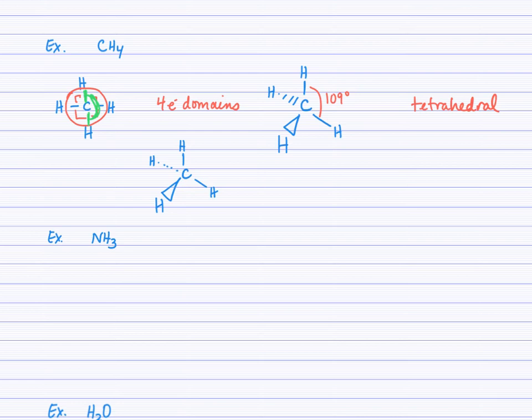So as you draw a Lewis diagram for NH3, you'll notice the 8 electrons distribute into 4 electron domains. This time, oh, I just realized I forgot to write the general formula for CH4. So there was AB4.